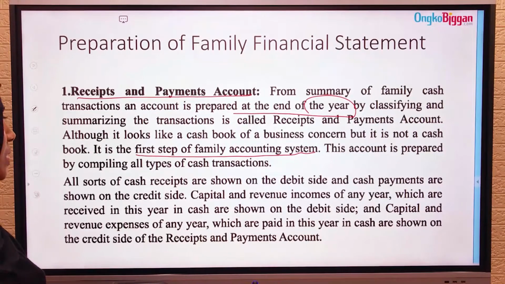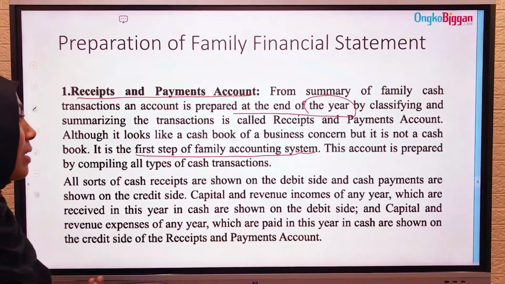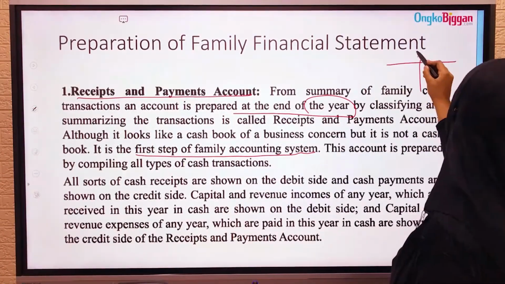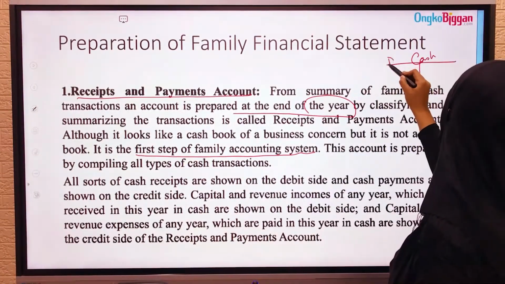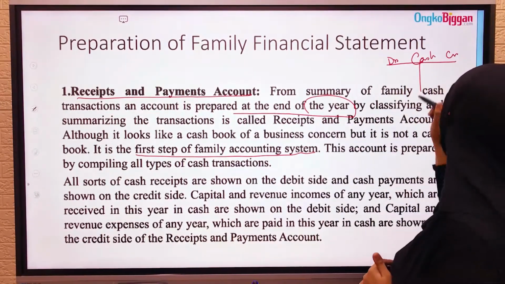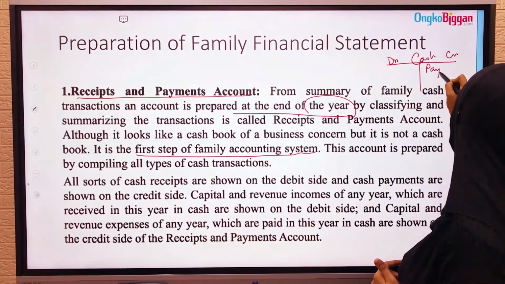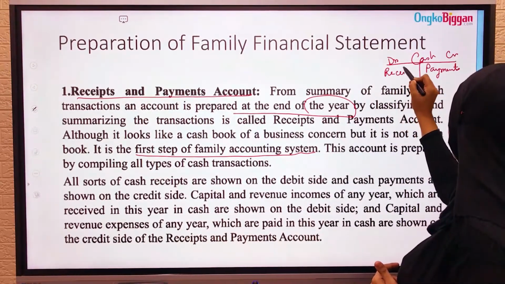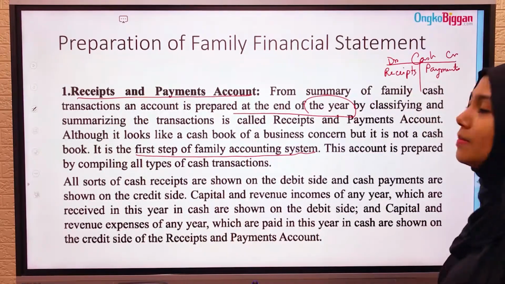All sorts of cash receipts are shown on the debit side and cash payments are shown on the credit side. That's very obvious: this is a debit, this is a credit. If I pay any cash, all the cash payments will be on the credit side, and all the cash receipts will be on the debit side.